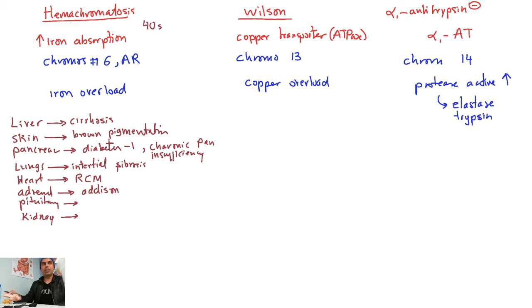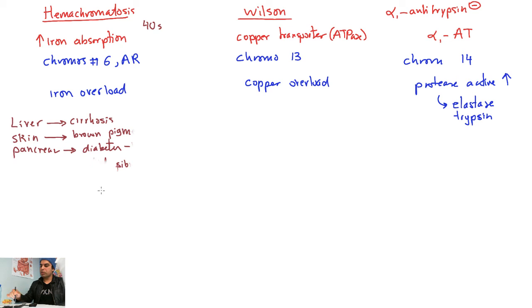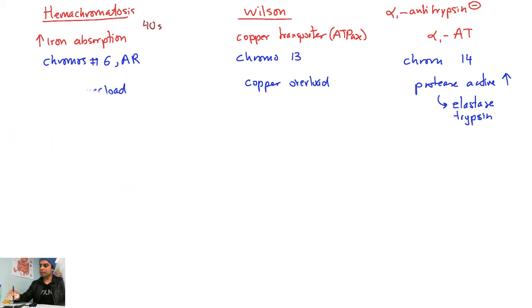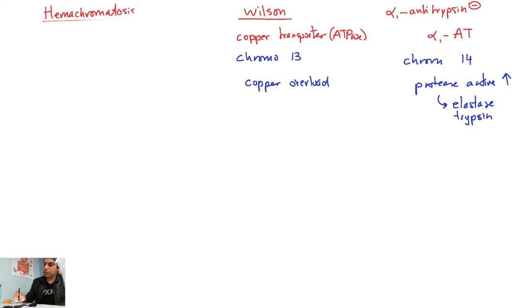Okay, are we good? So what are you going to remember, guys? This is what you need to remember: 3 things in terms of symptoms. For hemochromatosis, if it's based on symptoms, you're going to focus on what? Jaundice or liver cirrhotic symptoms, skin pigmentation or rash, skin problems, and diabetes.